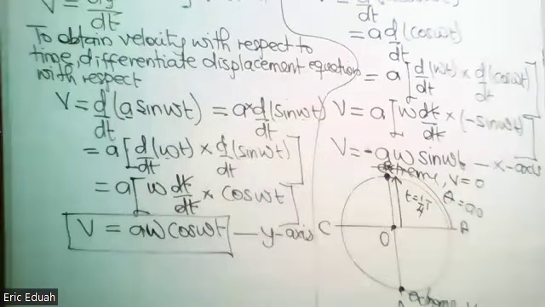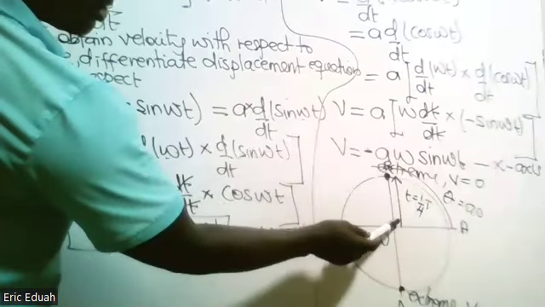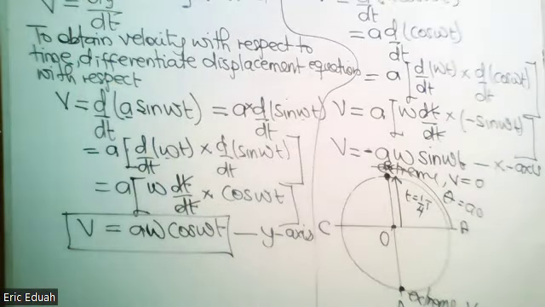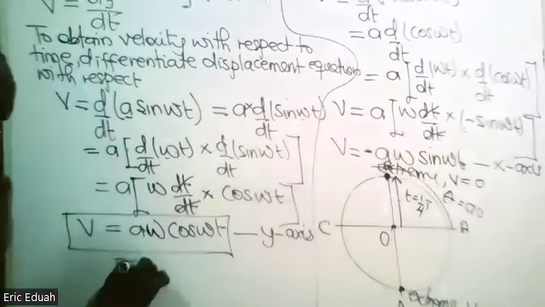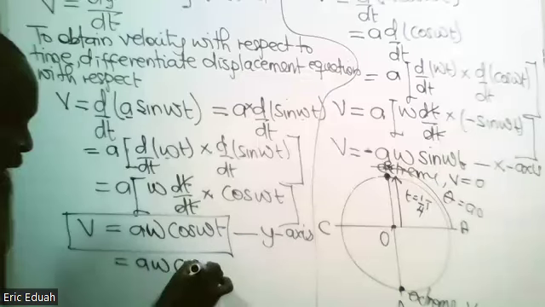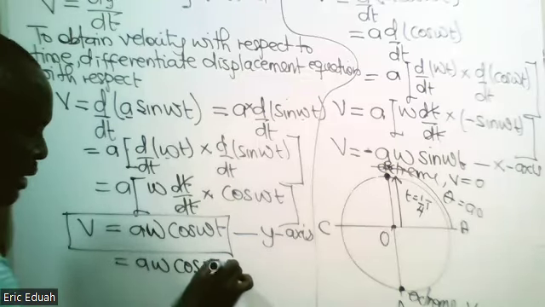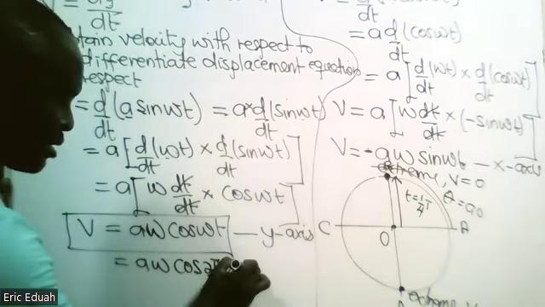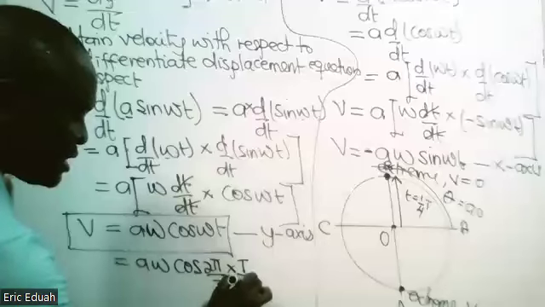So let's use time. When the body moves from this to this, t is quarter of T. So V is equal to A omega cos of omega t. Omega is 2 pi over the period times the time, which is quarter of T. Quarter of T is T on 4.